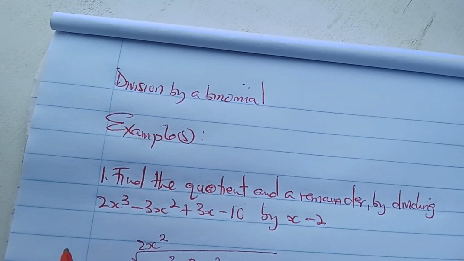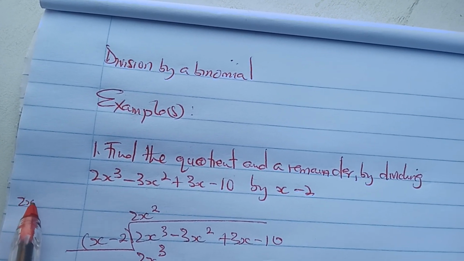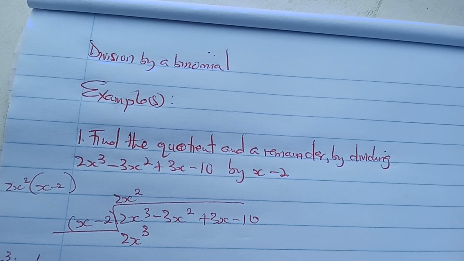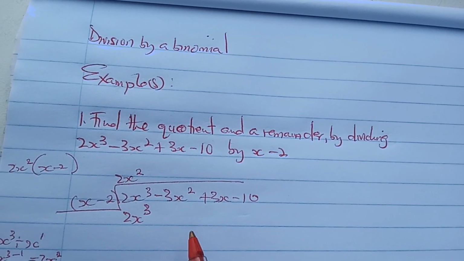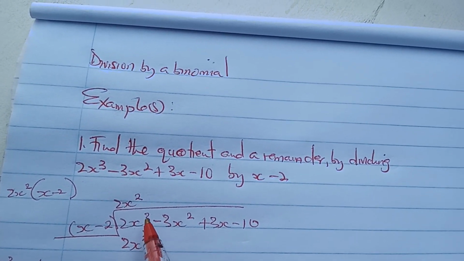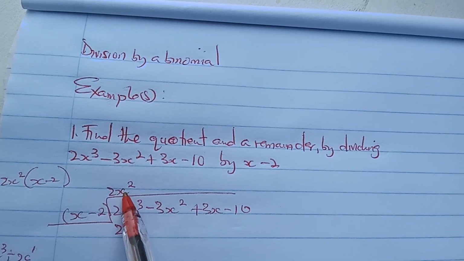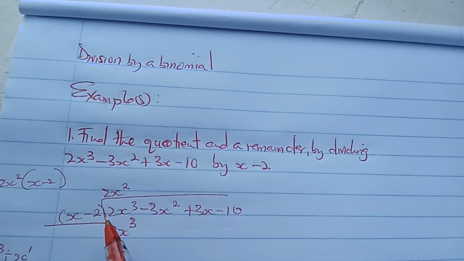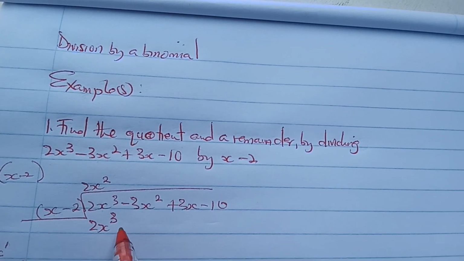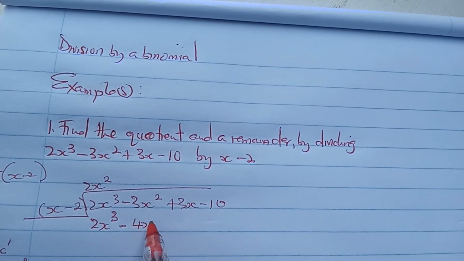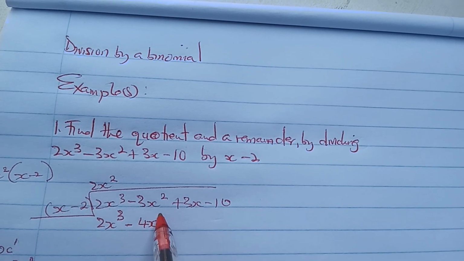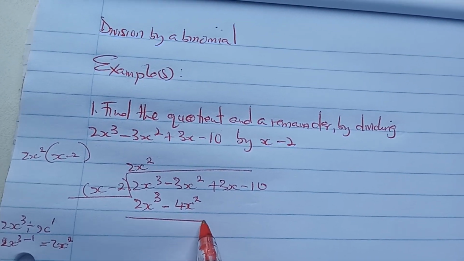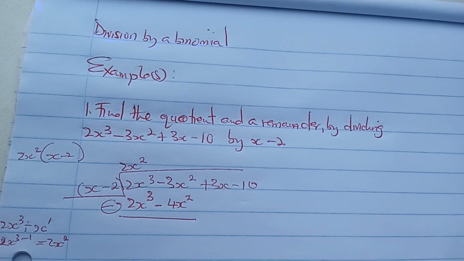That is what I'm trying to mean here. We now multiply this 2x to the power of 2 again by a negative 2 in the bracket. The answer is negative 4x to the power of 2. Okay, now when we are done, we now put a division line and then subtract the terms.